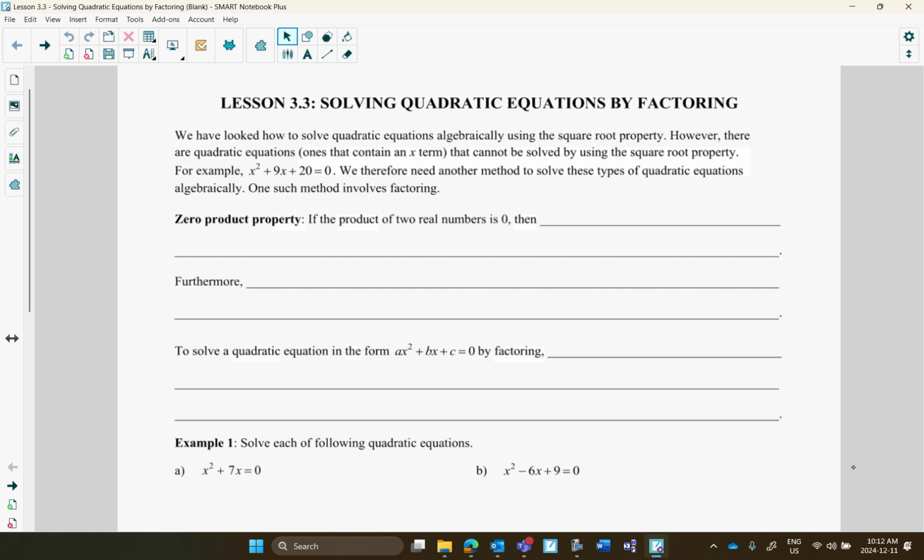Speaking of product, like I said, when we solve quadratic equations by factoring, we use what's called the zero product property. So if the product of two numbers is zero, then at least one of the numbers must be zero.